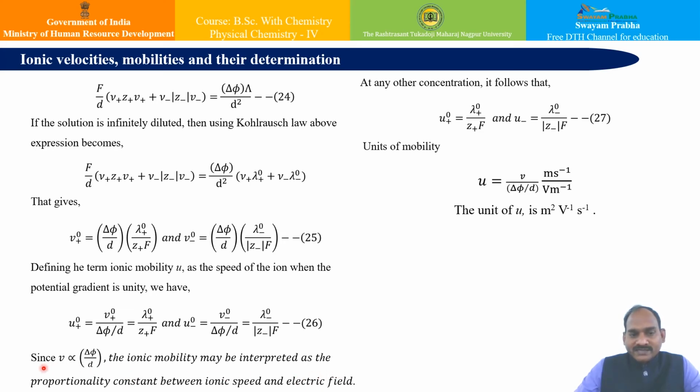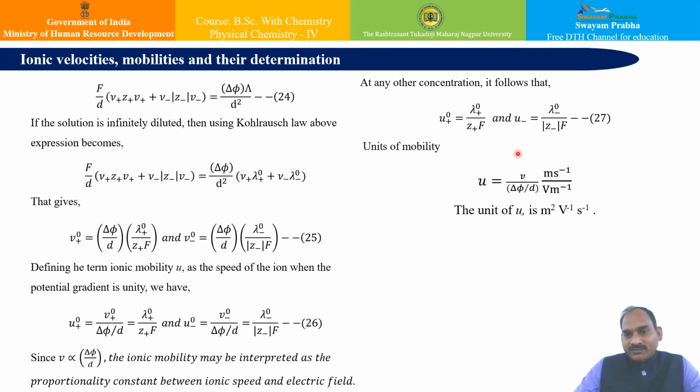We can very easily say this, since this is proportional to delta phi upon d, correct? And therefore at any other concentration it follows that U plus at infinite dilution is lambda plus at infinite dilution upon Z plus F, and U minus is this equation number 27.